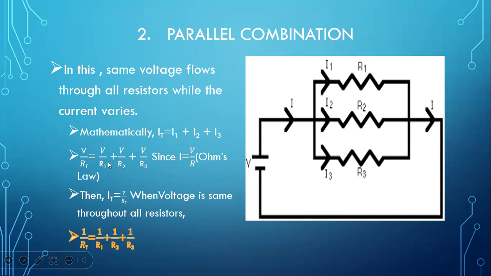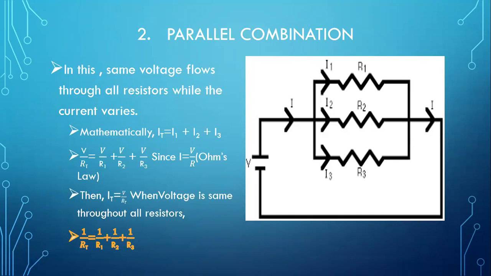So the V will just be removed. So we get the general formula that 1 over R total is equal to 1 over R1 plus 1 over R2 plus 1 over R3. So that's the general equation on how to obtain the total resistance throughout a parallel combination of resistors in a simple circuit. I hope it's clear, guys.